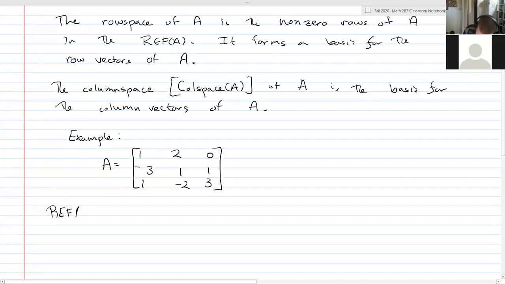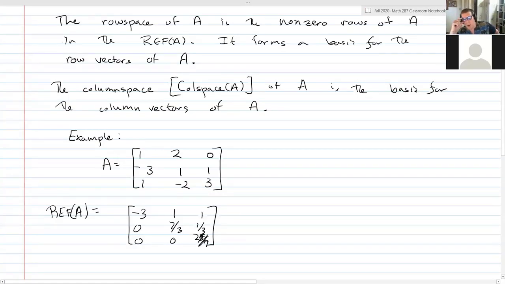And so the REF of A is going to end up equaling -3, 1, 1, 0, 7/3, 1/3, and 0, 0, 25/7. So that's the row reduction, REF of A.